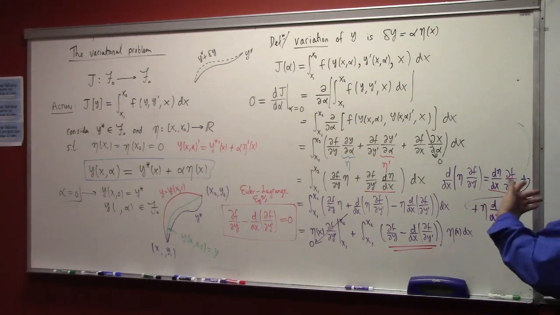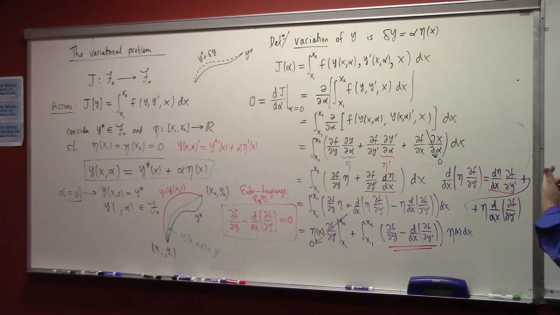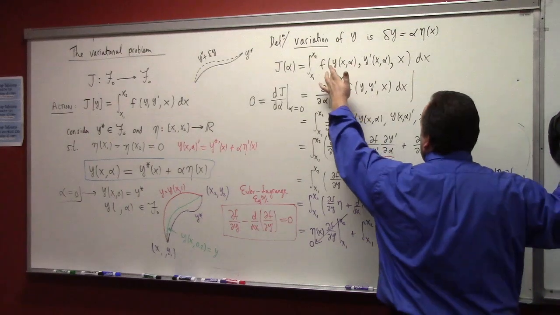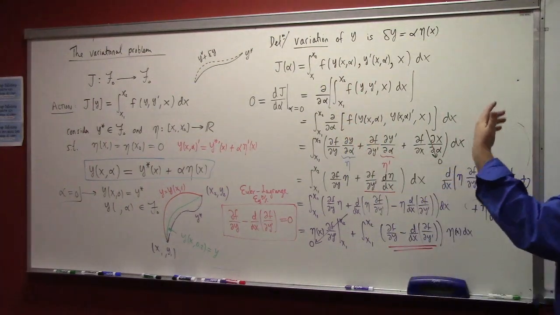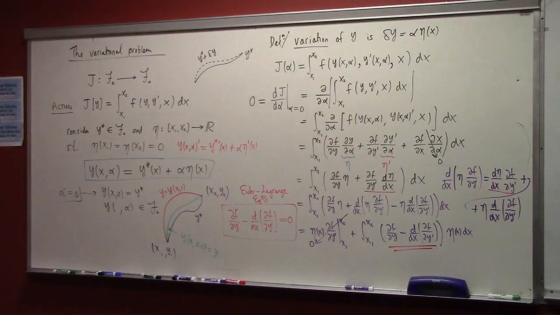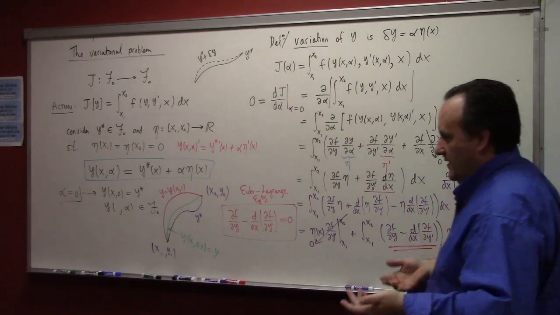Now I won't derive it, but if instead of having just one variable, you have many, basically the same derivation goes through, and you just get a different Euler-Lagrange equation for every variable that you have.